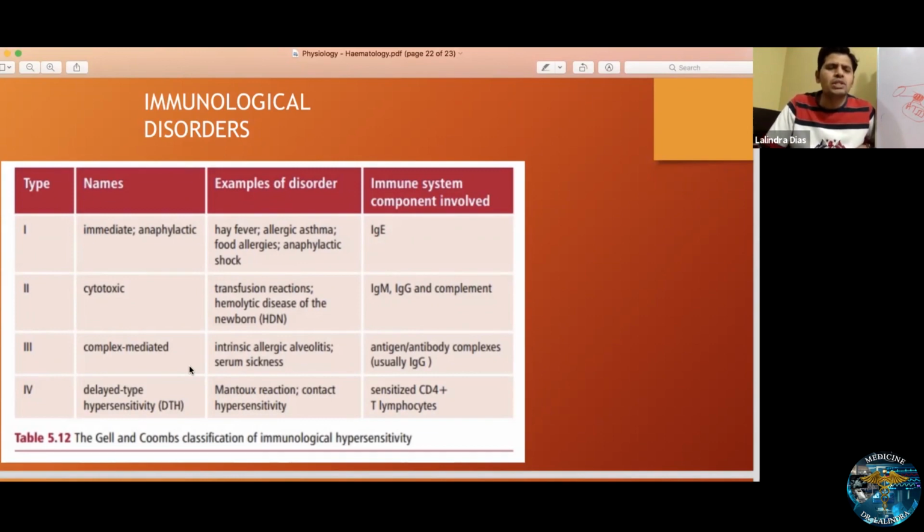All you need to know is there are 4 types and the examples. So example, this is very important. Hay fever. In type 1 hypersensitivity, you have production of IgE, right? So they have hay fever, allergic rhinitis, eczema, atopic asthma, all that together.